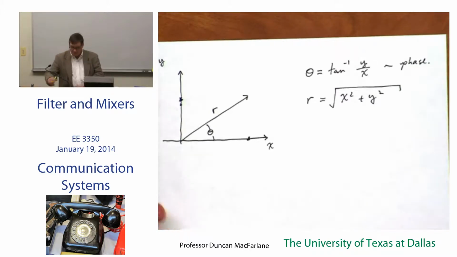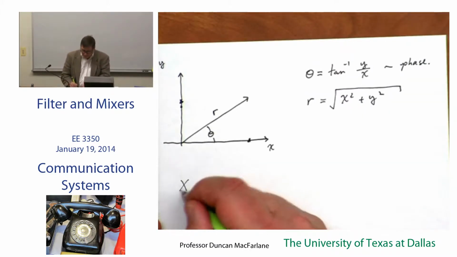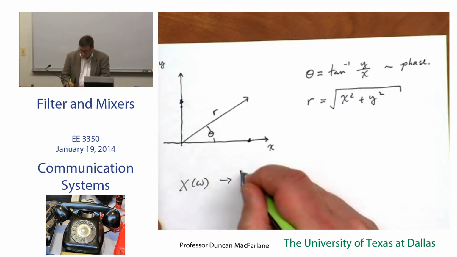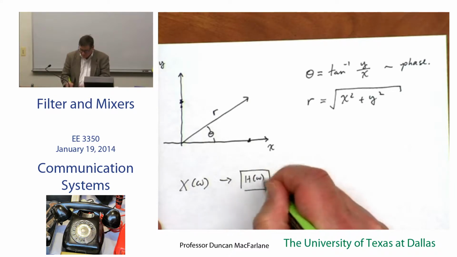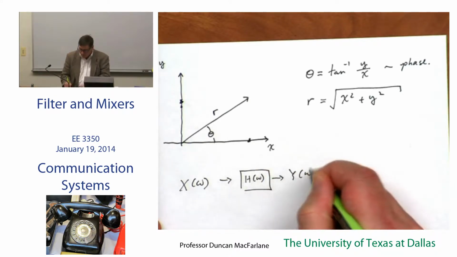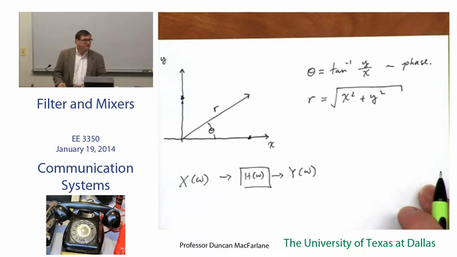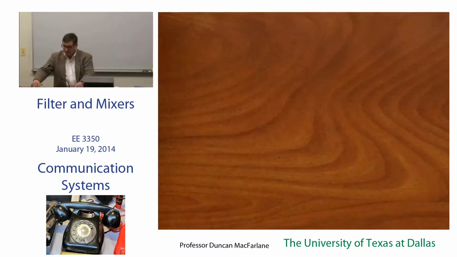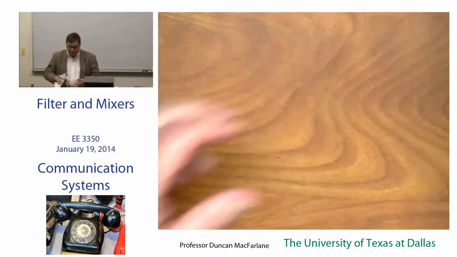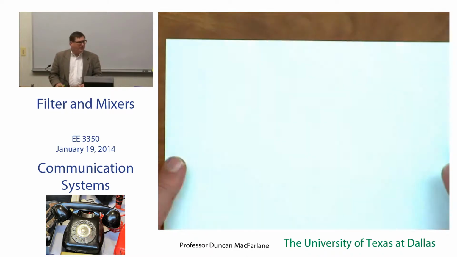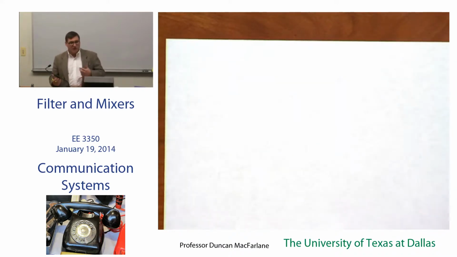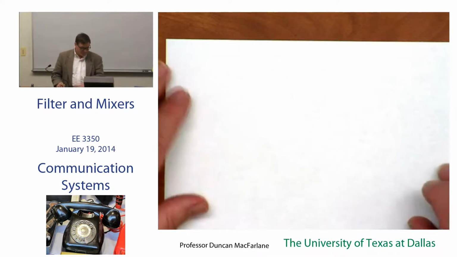Now if I take a look at X of omega, H of omega, and Y of omega, and think back to what I've learned about signals and systems, we're going to have a real part and an imaginary part for my signals, a real part and imaginary part for my system, and a real part and imaginary part for my outputs.